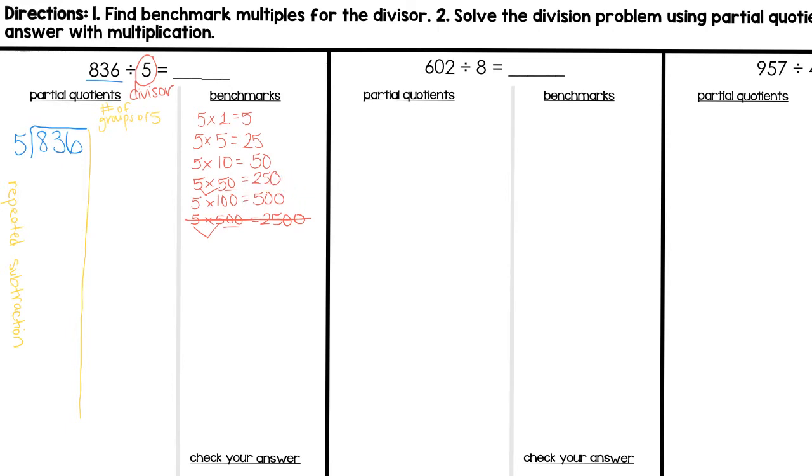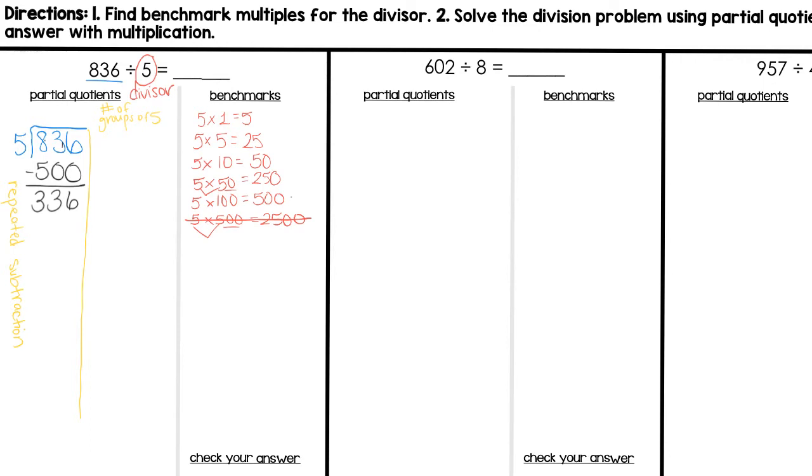So 500 is going to be my best bet. I'm going to take away 500. So if I take away 500, 6 minus 0 is 6. 3 minus 0 is 3. And 8 minus 5 is 3. Super. So now I've used 500.